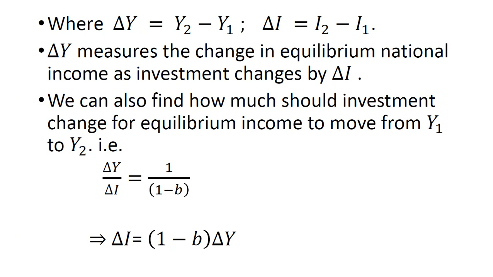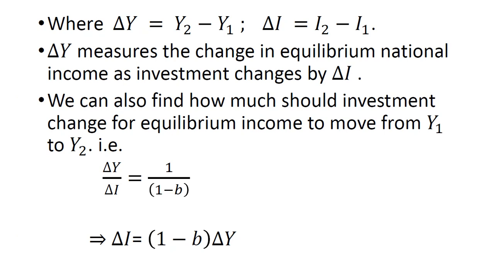If we differentiate that function with respect to investment, we have the multiplier on the right. Now, if you make change in I, the investment, as the subject, then you have that last expression which says delta I is equal to 1 minus B, all into brackets, multiplied by delta Y. The delta Y simply refers to the change in equilibrium national income from one level to another, as we defined above.